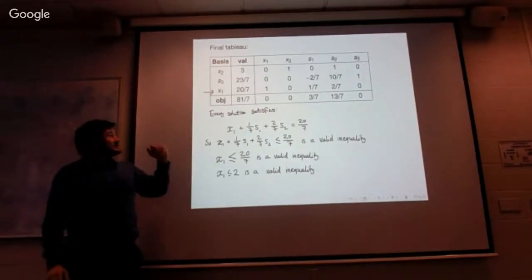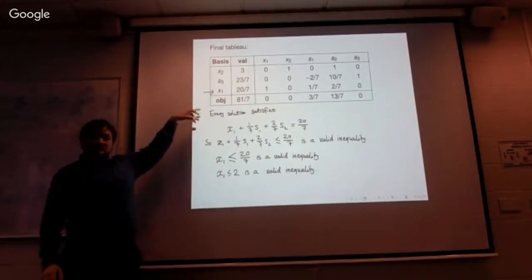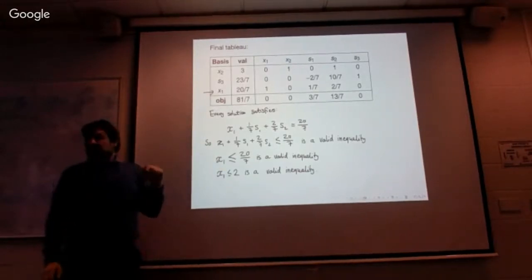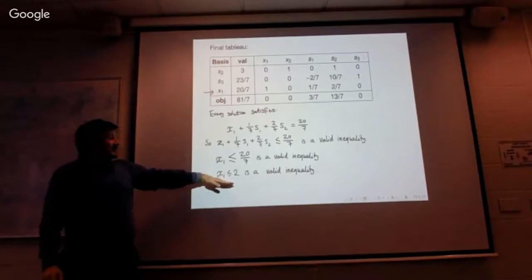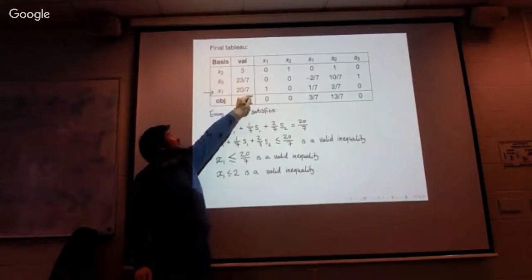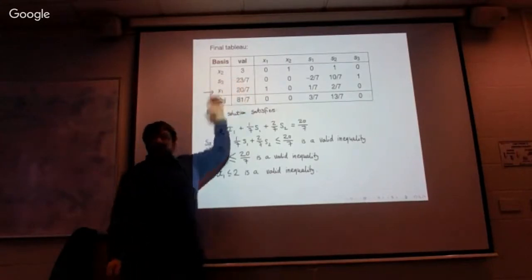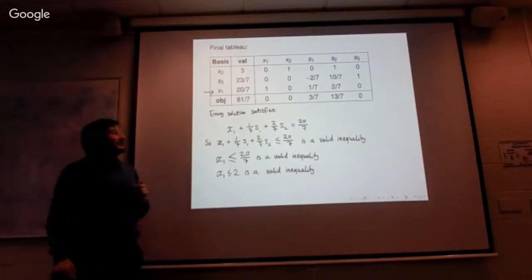And you're supposed to use this procedure for whichever non-integral row you pick, and you're now dividing the inequality like this. And then you should also check that the optimal solution that you get from here does not satisfy this constraint.